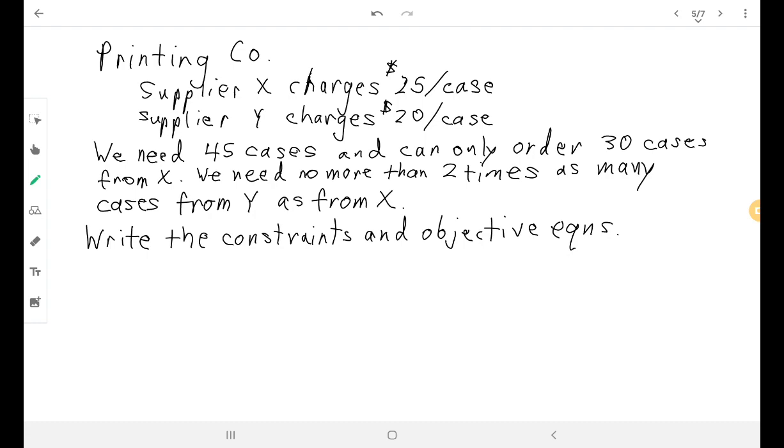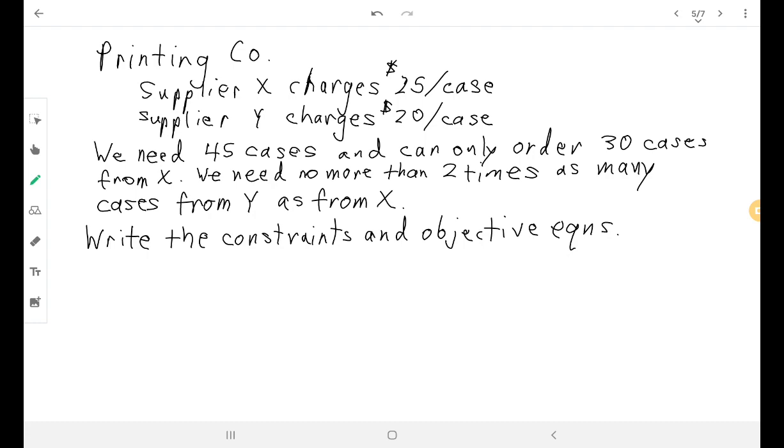And we need, I hate the way that they word this, but this is how the problem words it, so I'm wording it this way to stay consistent. We need no more than 2 times as many cases from supplier Y as we do from supplier X. So however much we're going to order from X, we're going to order no more than twice as much from supplier Y, okay?